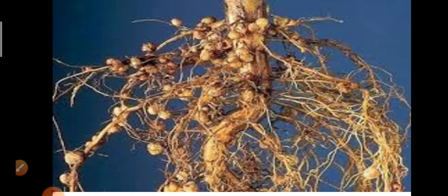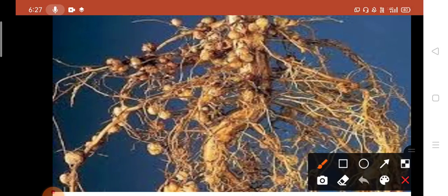So these are the legumes. You can observe here the nodules of leguminous plants, that may be gram or moong. What do they do? They fix the atmospheric nitrogen in the soil, so the soil can absorb that nitrogen and it supplies to the plant.